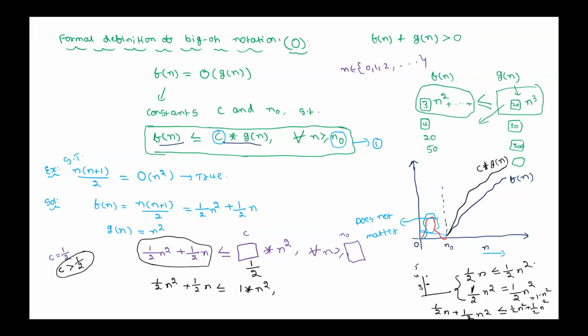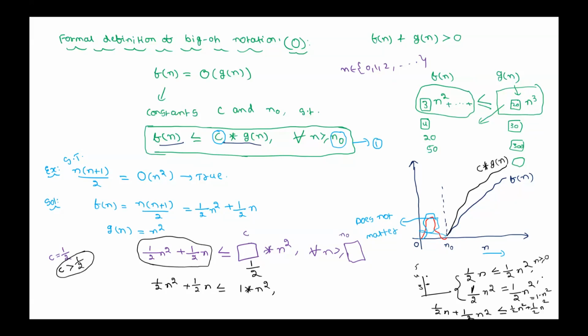Is this true for any value of n? Is it true for any n greater than or equal to 0? No, still we need to find n0. Now, 1 by 2 into n less than or equal to 1 by 2 into n square: is it true for any value of n greater than or equal to 0? Yes.